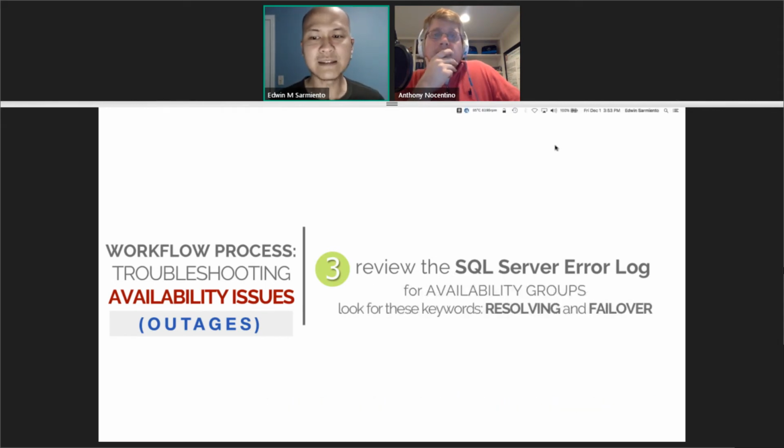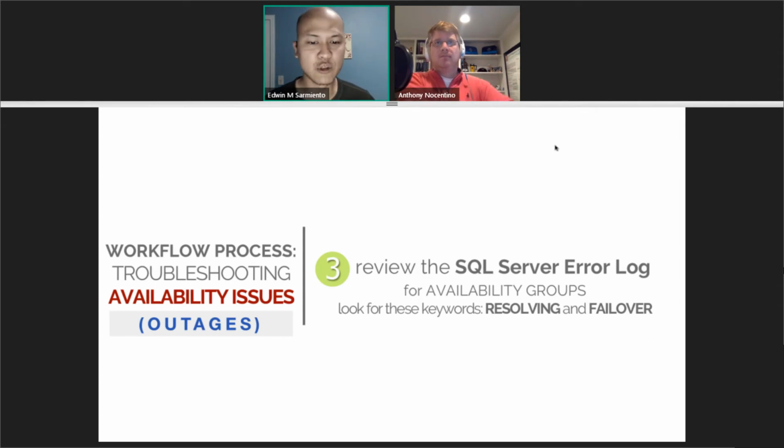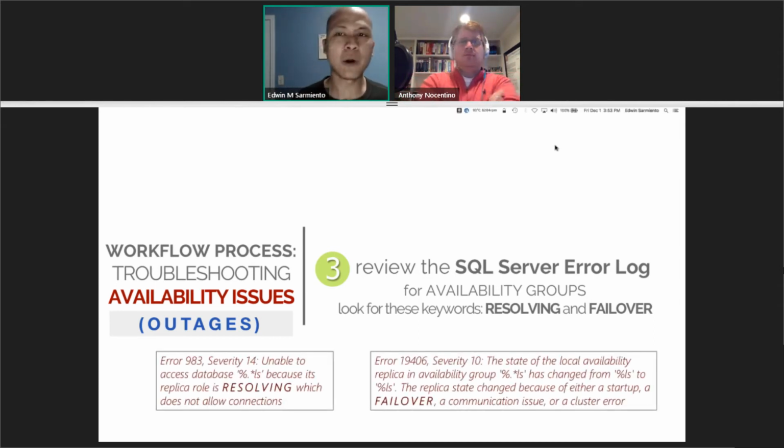Now, if it is an availability group, I look for two keywords, resolving and failover. Both of these would probably look familiar to you. Error 983, for instance: unable to access the database because its replica role is resolving.